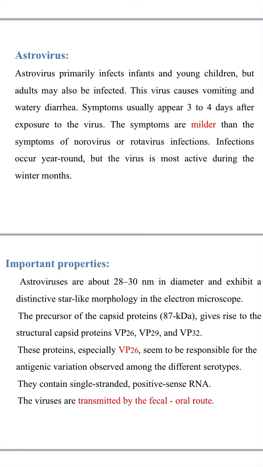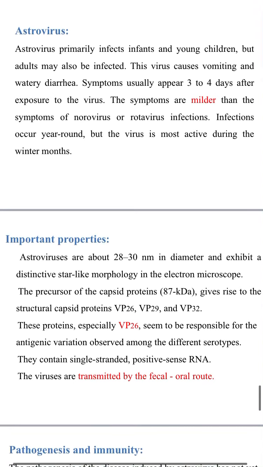These proteins, especially viral protein 26, seem to be responsible for the antigenic variation observed among the different serotypes. They contain single-stranded positive-sense RNA. The viruses are transmitted by the fecal-oral route.